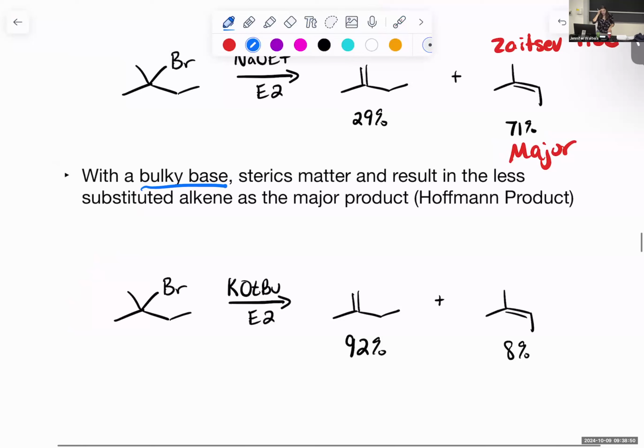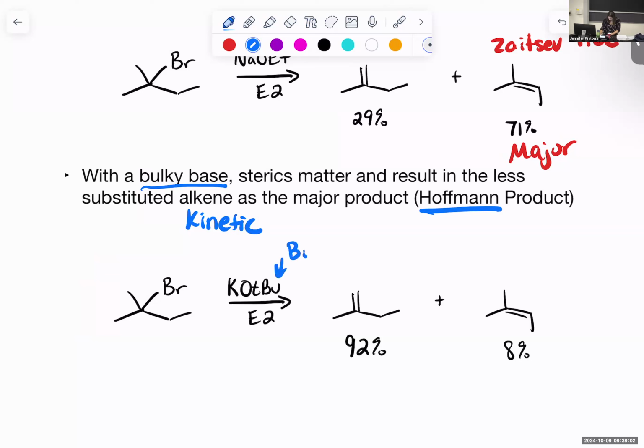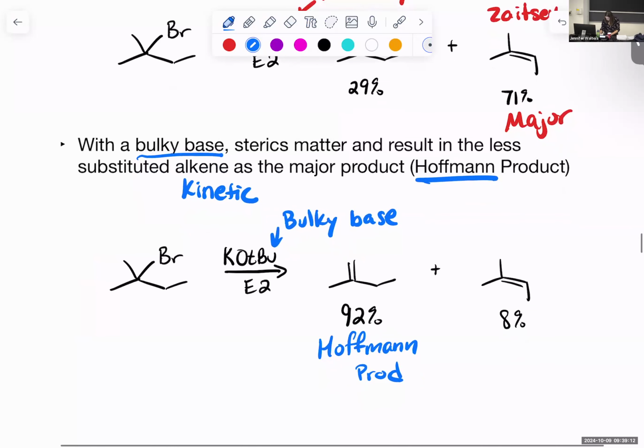So with a bulky base, I'm going to make the kinetic product. I'm going to make the Hofmann product as my major.